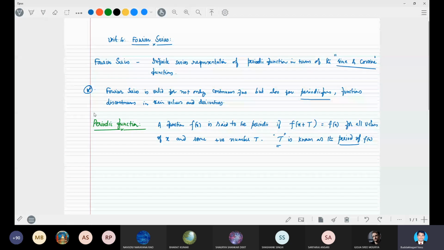That is, the fundamental period or primitive period, or simply the period of f, is the smallest positive period of f, called the primitive period, or some other terminology we can use.